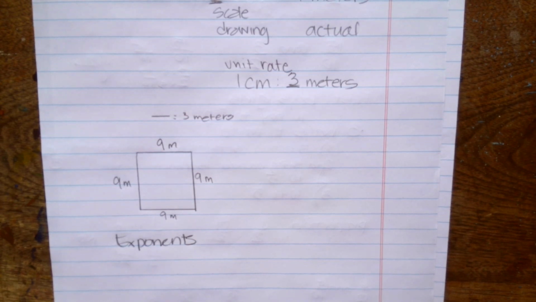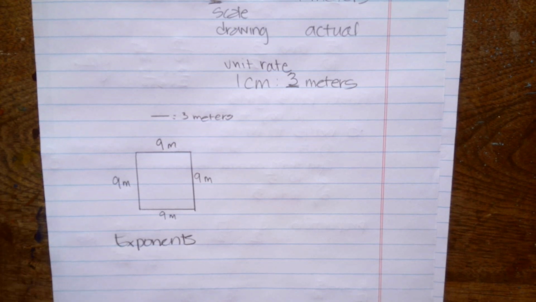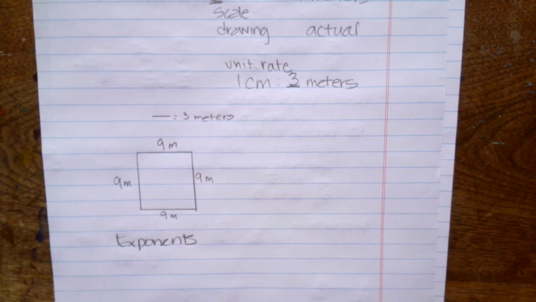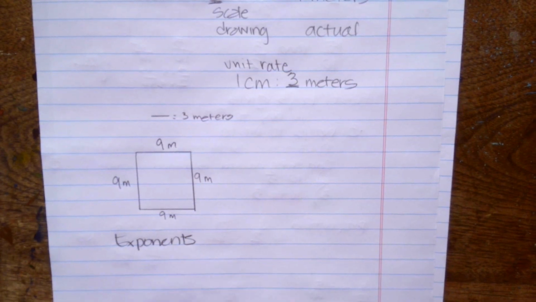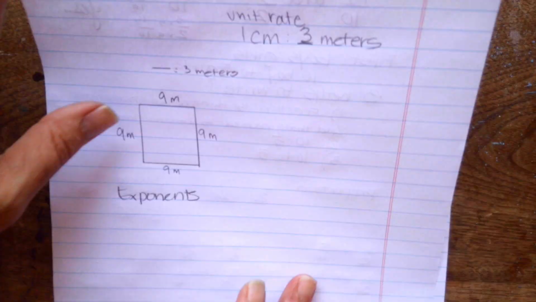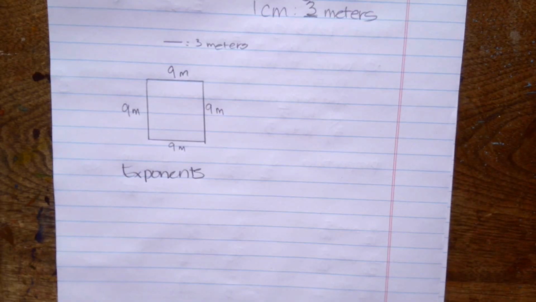Exactly. Okay, so I am going to find it in your book. 406. Okay, so we are going to do all of the exponents. This is not what I'm looking for. Everything exponents will start from the beginning.